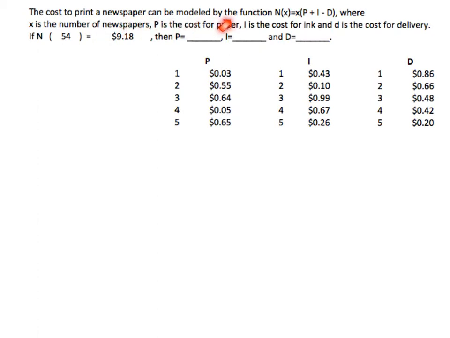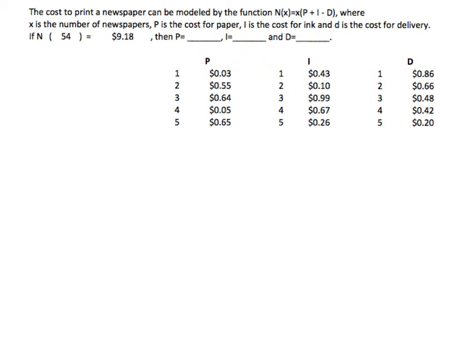P is the cost for paper, I is the cost for ink, and d is the cost for delivery. If n of 54 equals $9.18, then P equals what, I equals what, and D equals what.